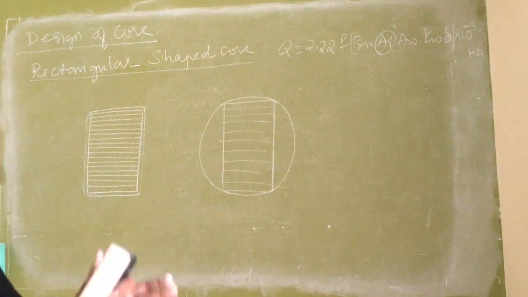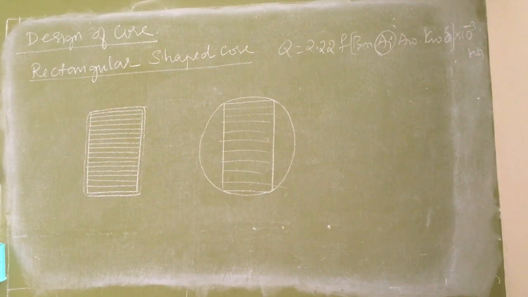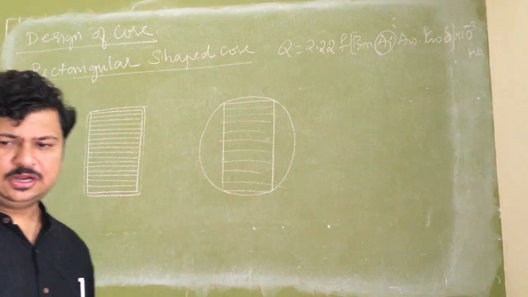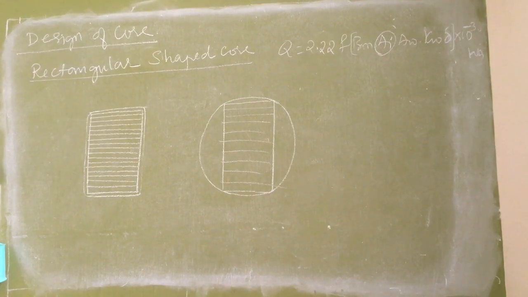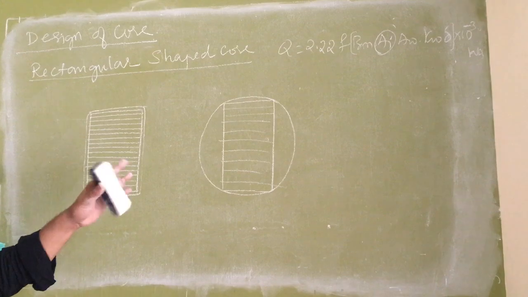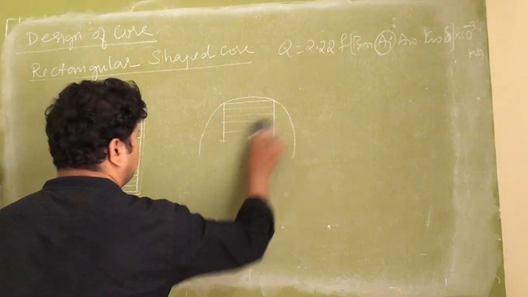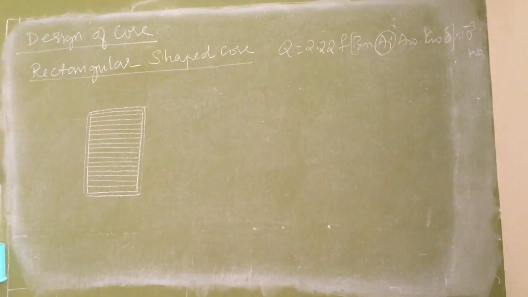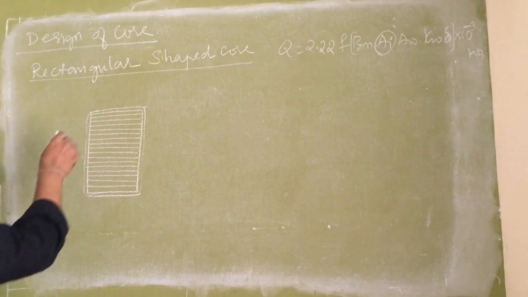See the air gap in the circumcircle. A large amount of space is wasted. So I don't use a circumcircle, I don't use a former. Now if I place the winding directly upon the rectangular core by placing an insulation, what will happen we will see. I will directly place the winding upon this.